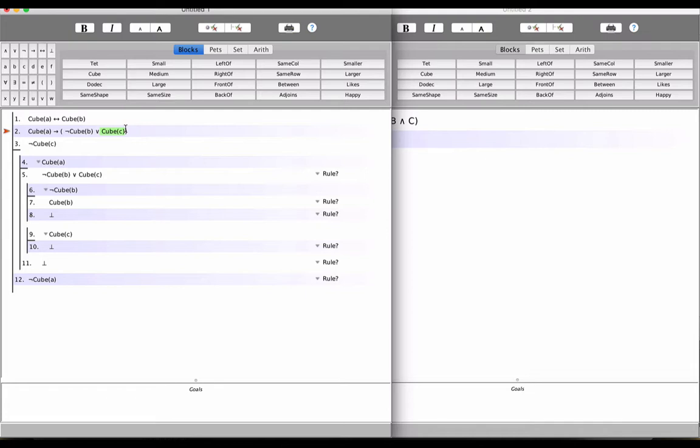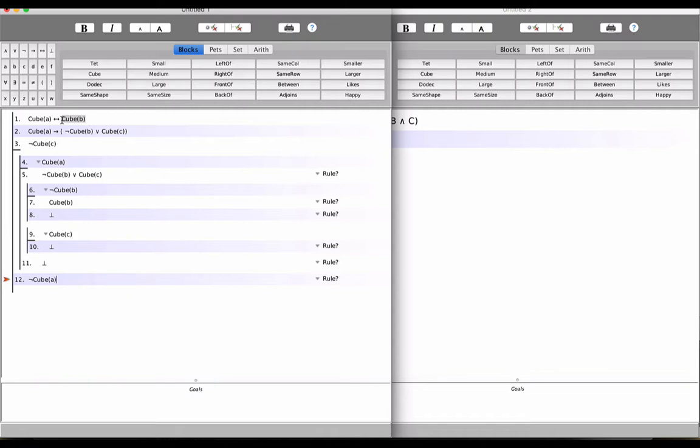Right, here's cube C. So cube C and not cube C are contradictories, but in order to make that claim, you have to get cube C on its own in a sequence. Notice also that there is an implicit contradiction between not cube B at line 2 and cube B at line 1. Then lastly, the conclusion is not cube A.